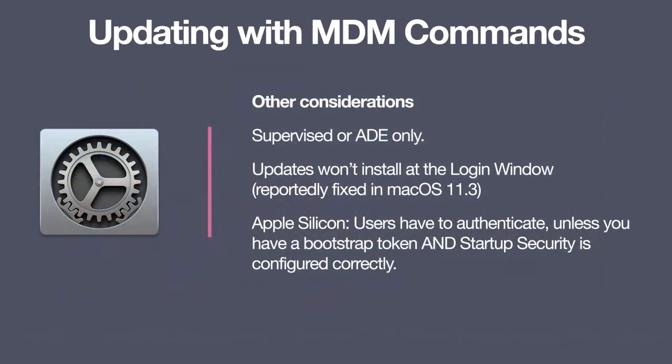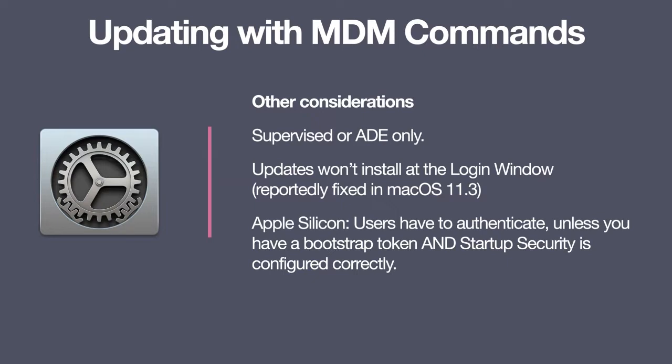As well as all of that, you've got a few more things to think about. MDM software update commands only work for supervised Macs or Macs that you've enrolled through Automated Device Enrollment. Up until, I believe, macOS 11.3, updates wouldn't install at the login window, but this has reportedly been fixed.